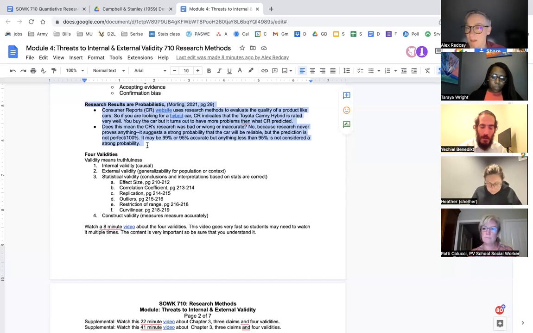Like p-values, they are 95% confident that Toyota Camrys are a great car, or they could say 99% of Toyota Camrys are a great car free of most major issues, right? Just because you pick out one that has a problem, it doesn't mean that Toyota Camrys in general are bad, and it doesn't mean that Consumer Reports is bad. That is what we call an anomaly. In research, you will hear people often say, that's not evidence, that's just an anomaly.